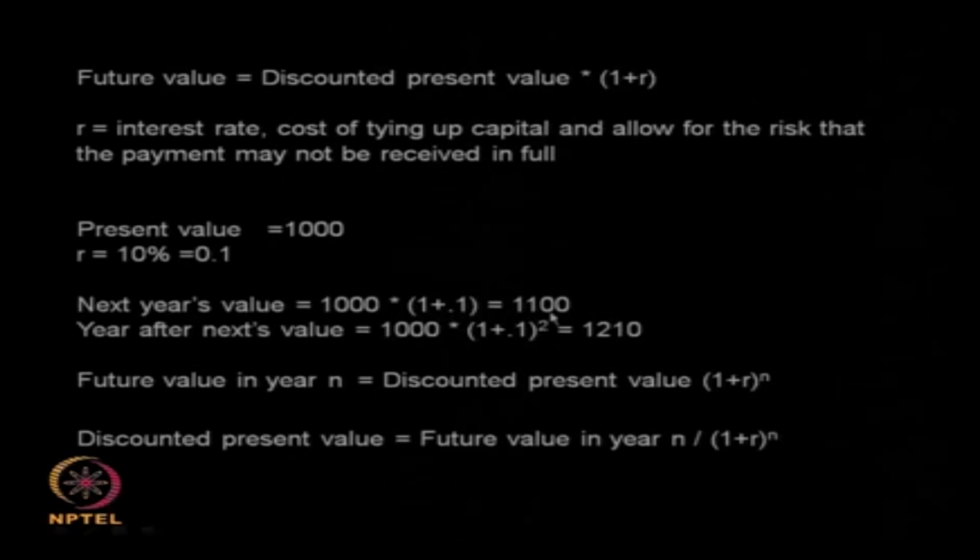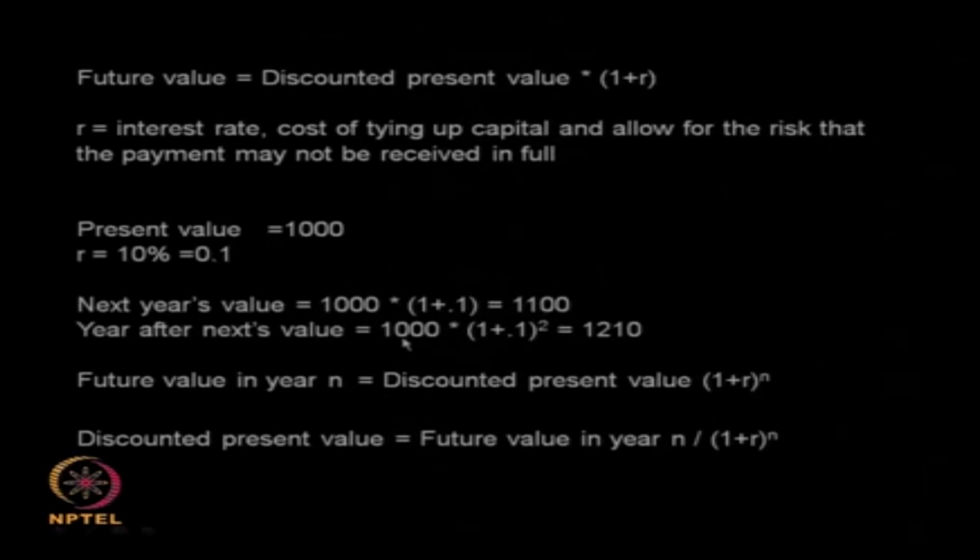Do you understand? So a 1000 rupees today is almost like a 1100 rupees in the next year if you assume r is equal to 0.1. So I am just using this formula here: next year's value is the current value multiplied by 1 plus r, which is 0.1. So you get 1.1, so it becomes 1100.